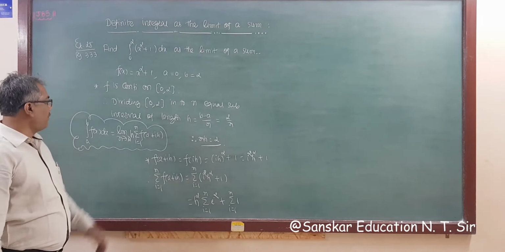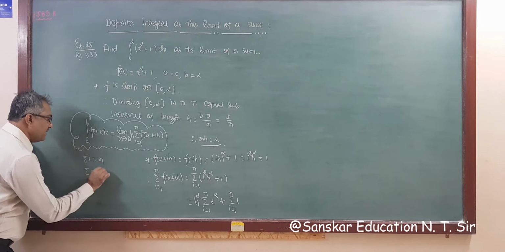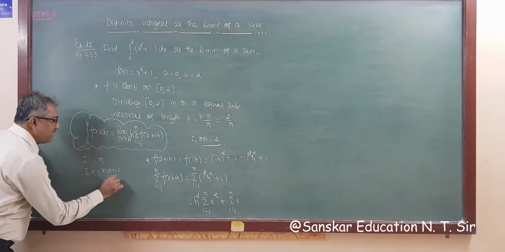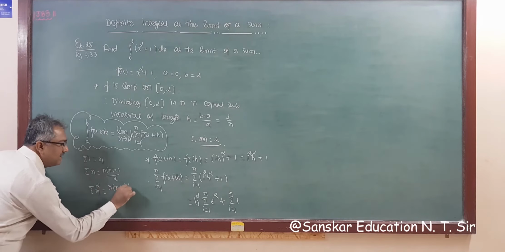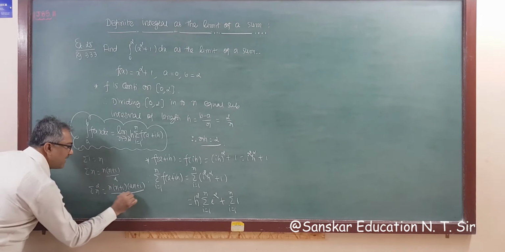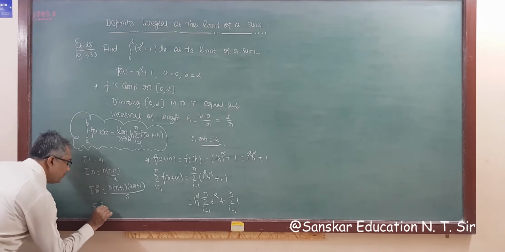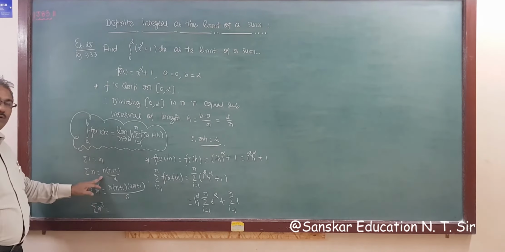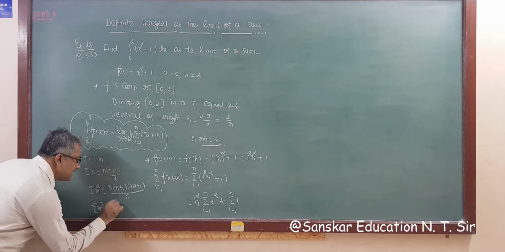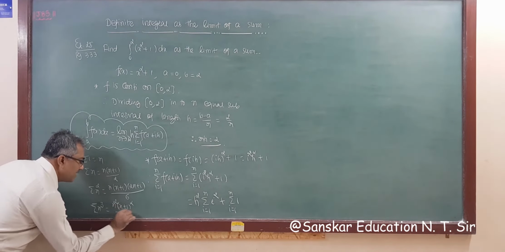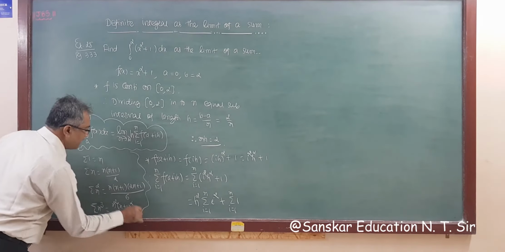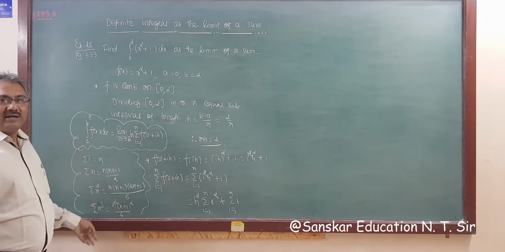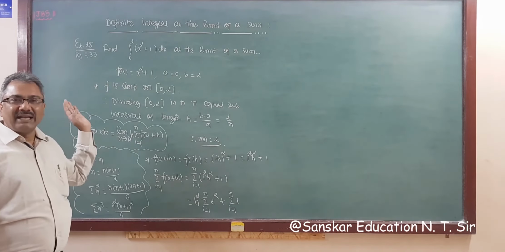Now you have the formulas: sigma 1 is n, sigma n is n into n plus 1 by 2, sigma n square is n into n plus 1 into 2n plus 1 by 6, and sigma n cube is nothing but sigma n whole square, that is n square into (n plus 1) whole square divided by 4. These are well-known formulas, and they are very important for this type of exam, right?